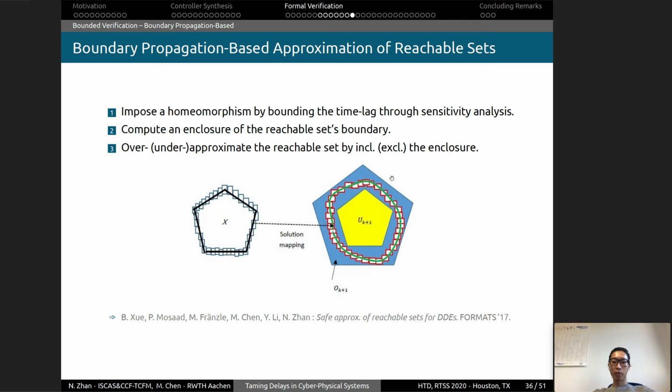And in the meantime, we are able to compute an inner approximation of the reachable set, which is the yellow area, by excluding the enclosure. And notice that under approximation is also an important concept in the verification of hybrid systems because it often helps us to falsify some safety properties in hybrid systems.